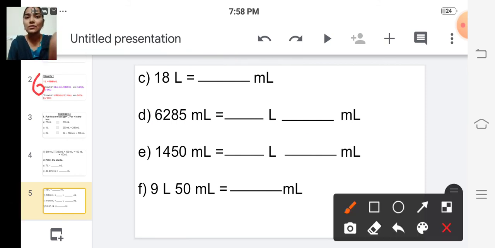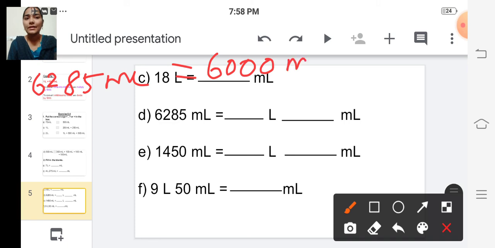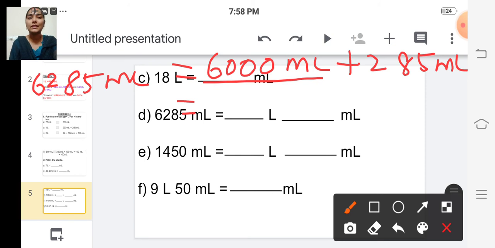So 6,285 milliliter is equal to 6,000 milliliter plus 285 milliliter. And now convert this 6,000 milliliter into liter.